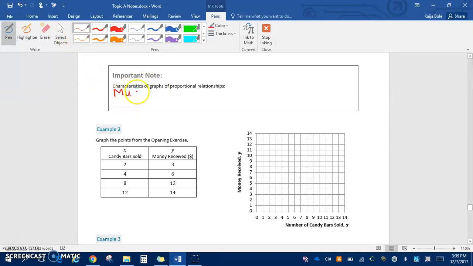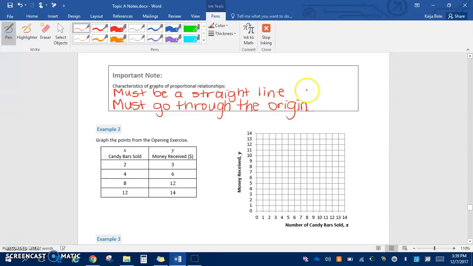It must be a straight line, and it must go through the origin. So remember, if we go back to our example from the last page, you would see that it is a straight line, and it does go through the origin, so we could say that it is proportional.